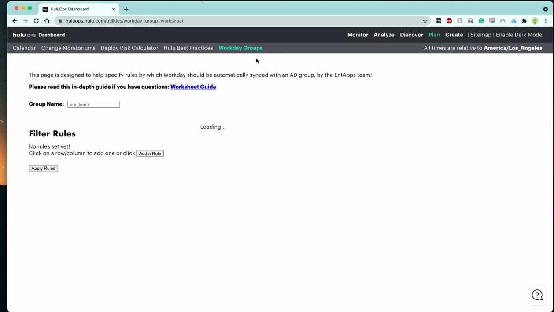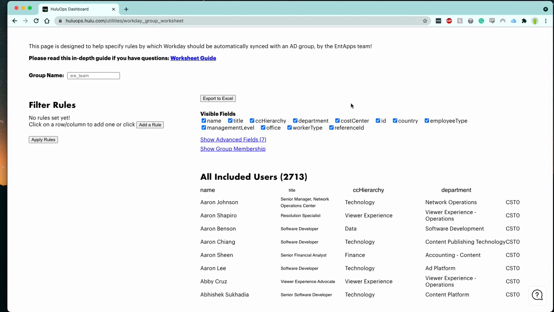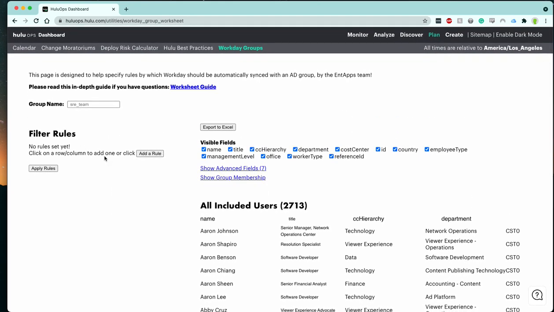If you are interested in Workday groups, this tool in particular is used for managing employees outside of Workday. So this is pulling in the API data from Workday that gives me some information about the hierarchy. And the IT services team uses this tool to administer onboarding and offboarding.